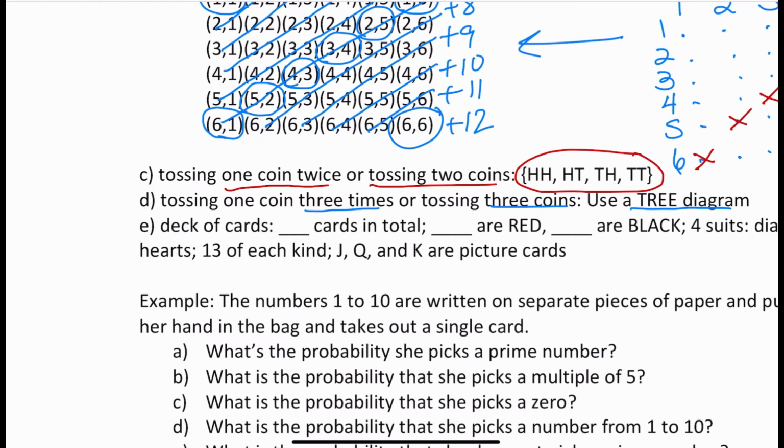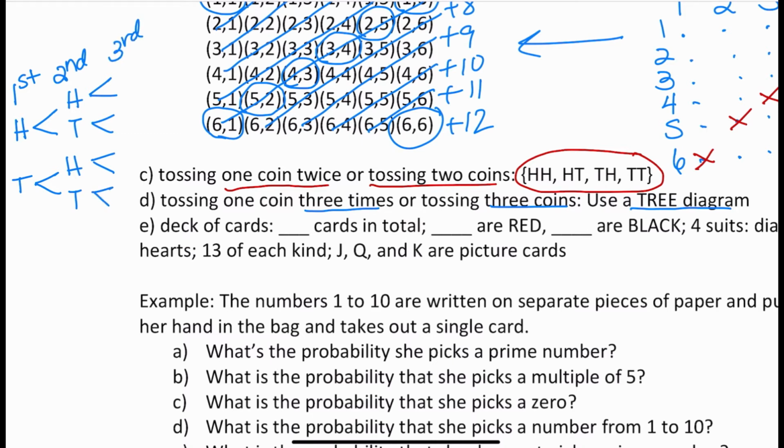So the first thing is, here's my first coin. I can get either heads or tails. Then comes my second coin, so I branch out. And again, I can get either heads or tails, heads or tails. Then for my third coin or my third toss, I do it again.